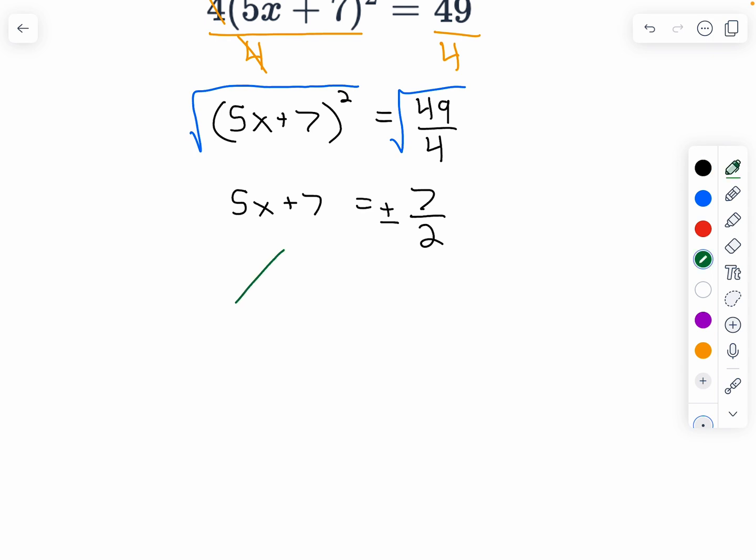So at this point, since I still clearly have more algebra to do, I'm going to split this into two separate algebra thoughts. 5x plus 7 equals, we'll do positive 7 over 2. And 5x plus 7 equals negative 7 over 2.